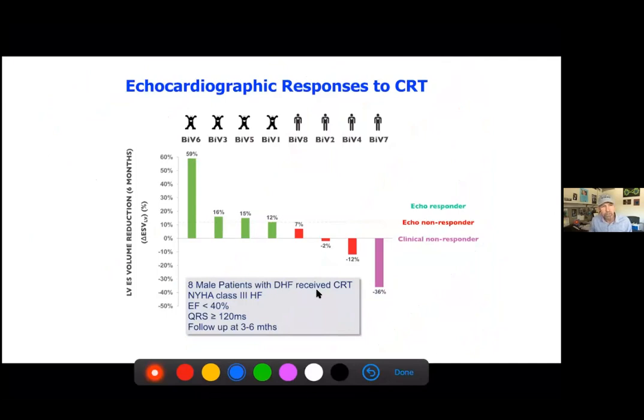It's usually caused by something called bundle branch block, where the highways that propagate the electrical impulse to the left and right ventricles get blocked. And that slows down the spread of the impulse through the heart, and that makes the contraction less synchronous and less efficient.